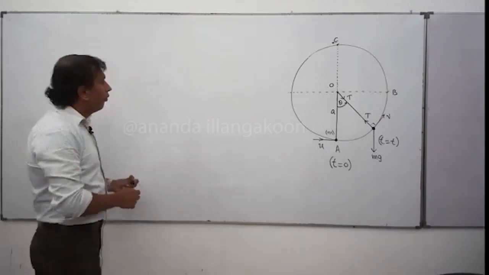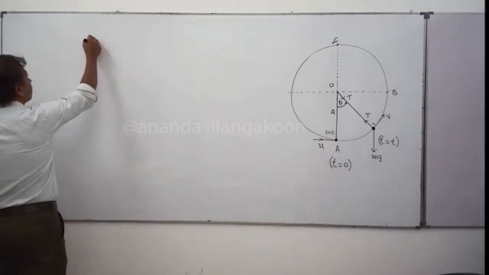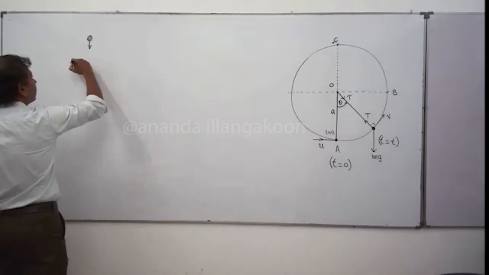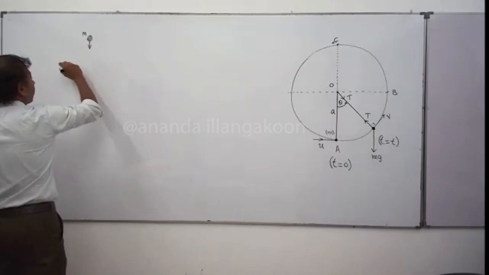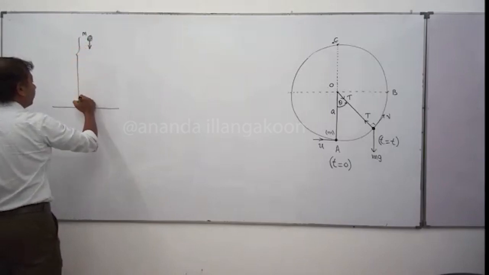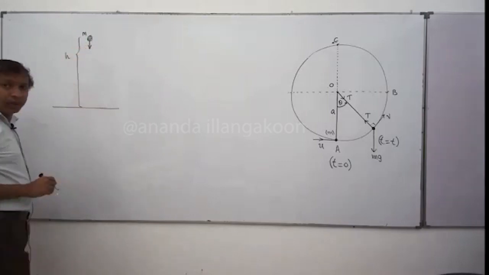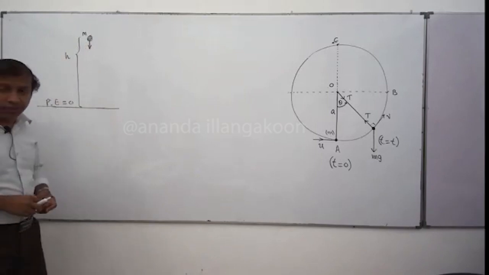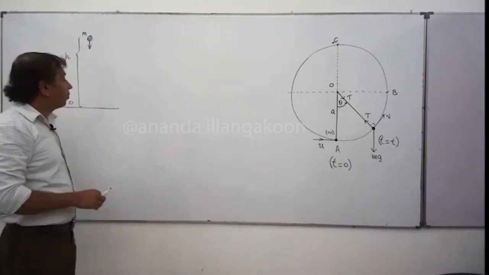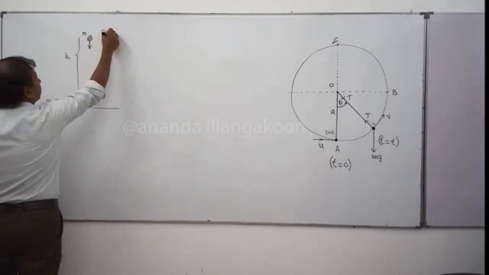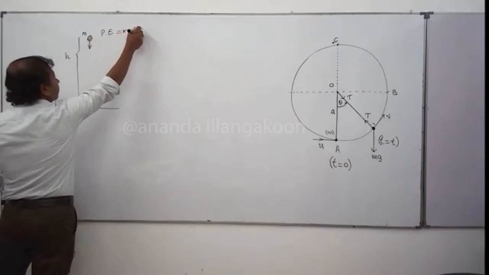So you know, when we arrange to let a particle of mass m fall this way to the ground, at the instant of releasing it, suppose the height is h, then if we consider the potential energy zero level as the surface, that means the ground, when the particle is released from this height h, we say the particle has potential energy mgh.